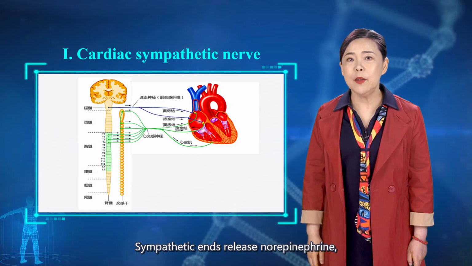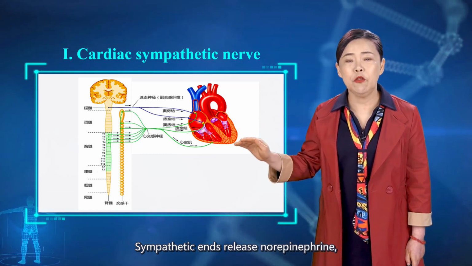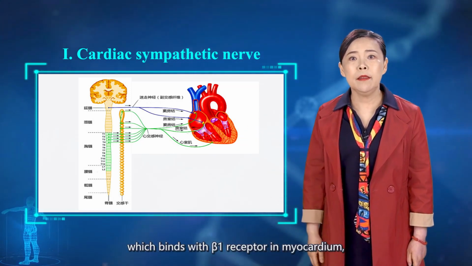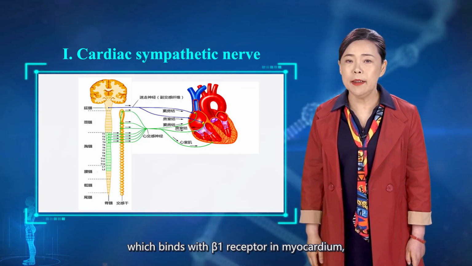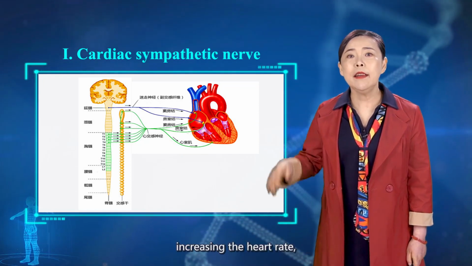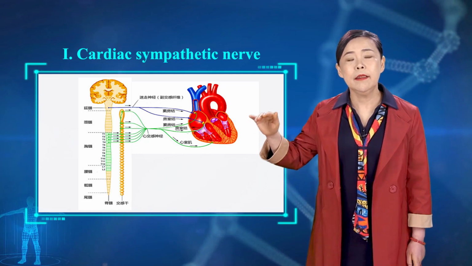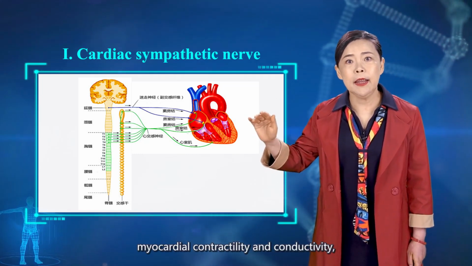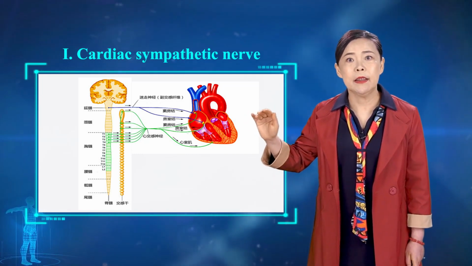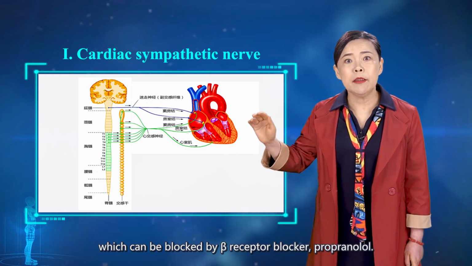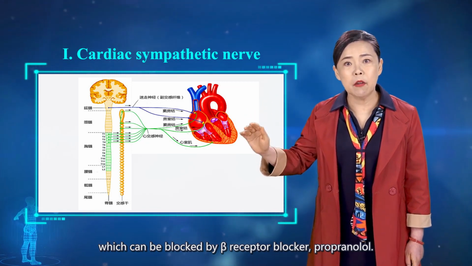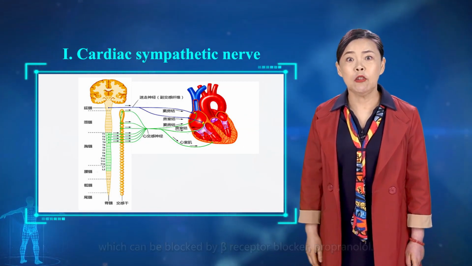Sympathetic endings release norepinephrine, which binds with the beta-1 receptor in the myocardium, increasing the heart rate, myocardial contractility, and conductivity, which can be blocked by the beta receptor blocker propranolol.